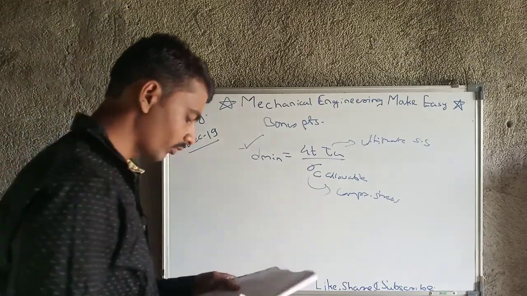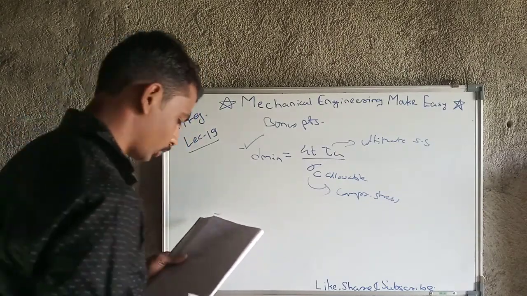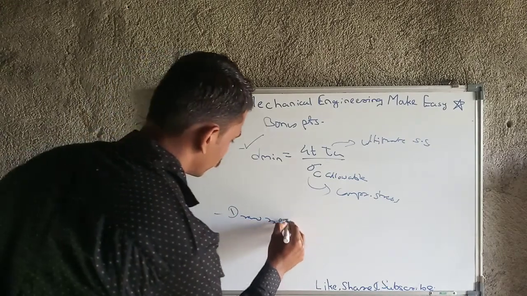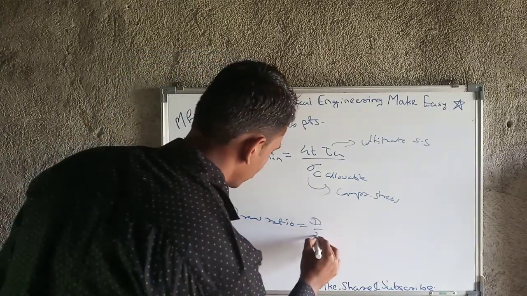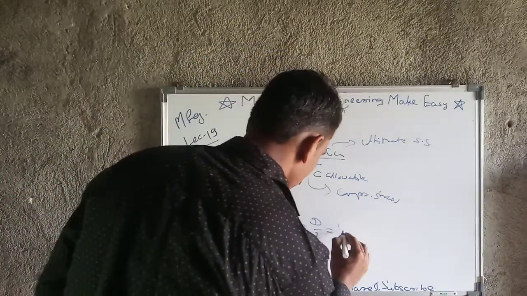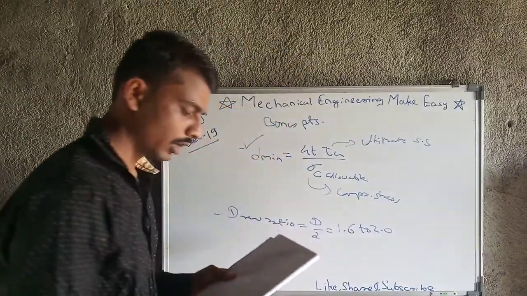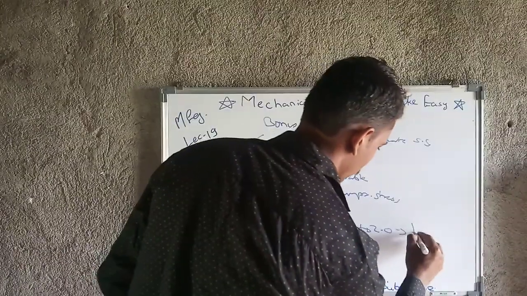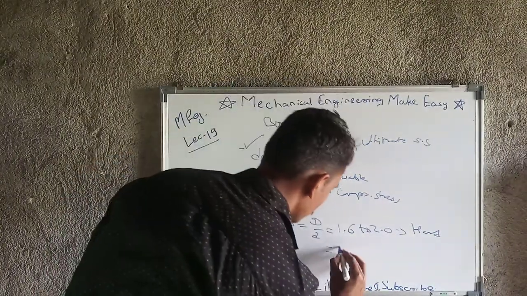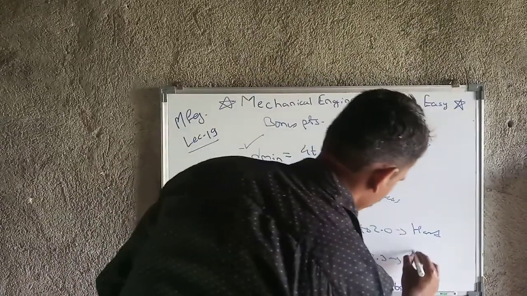Then there is another topic, that is limiting draw ratio. The draw ratio we have discussed is capital D upon small d, and its value is 1.6 to 2.0 for hard material, and 2 to 2.3 for soft material.